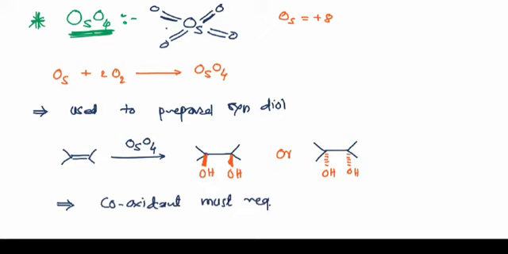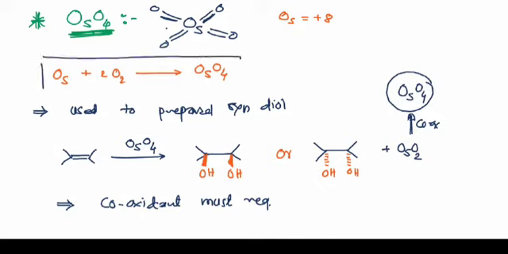If after delivering the oxygen your byproduct is, for example, OsO2, that OsO2 is further oxidized to OsO4 with the help of a co-oxidant. That's why the co-oxidant is needed to get back to OsO4. The reaction and all these things are very easy, no issue at all.